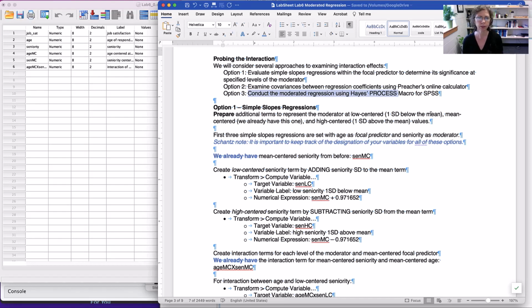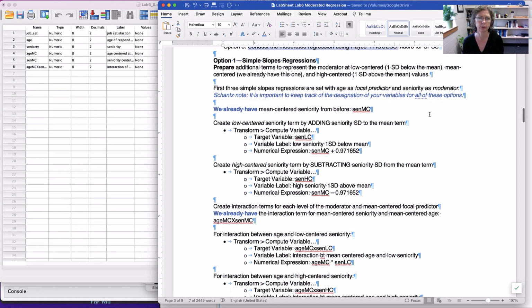So starting with option 1, simple slopes regressions, we're going to make some more variables. We need to represent the moderator at low centered, at mean centered, and we already got that one, and at high centered. What I mean by those is 1 standard deviation below the mean for low centered and 1 standard deviation above the mean for high centered.